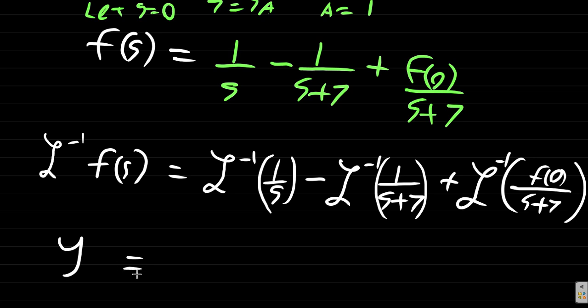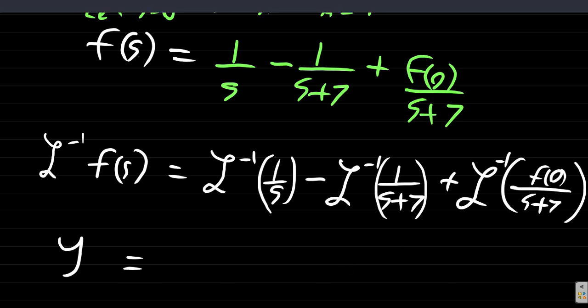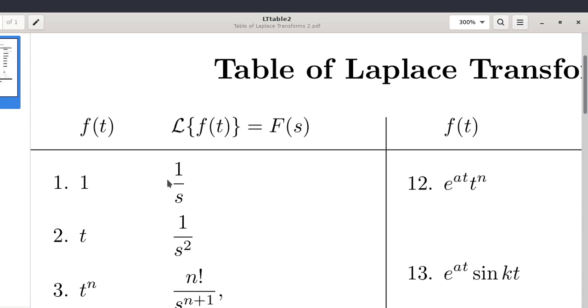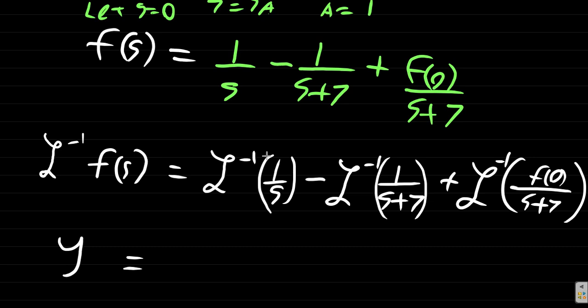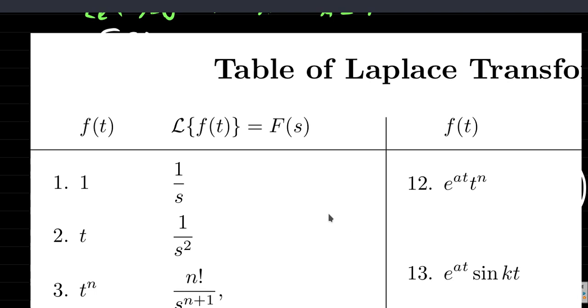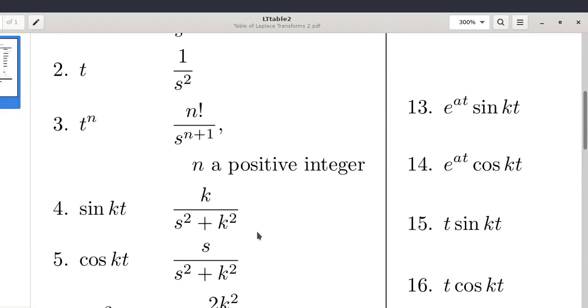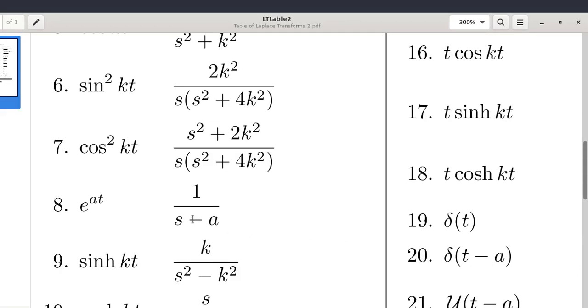Now, what's the inverse Laplace of 1 over s? The inverse Laplace of 1 over s is 1. Minus, what's the inverse Laplace transform of 1 over s plus 7? Here we have 1 over s minus a.